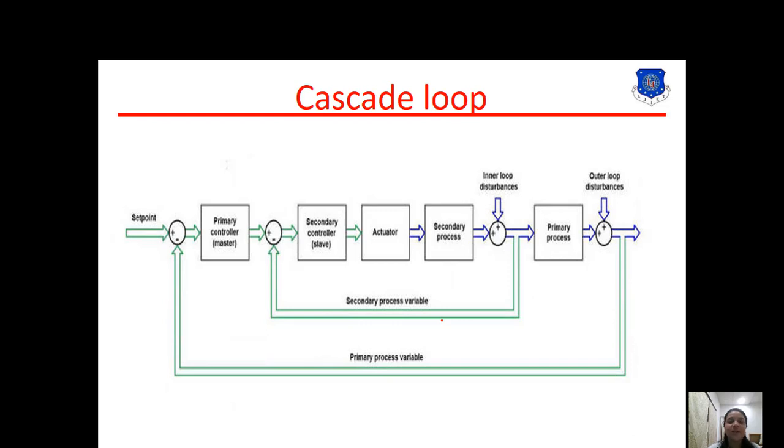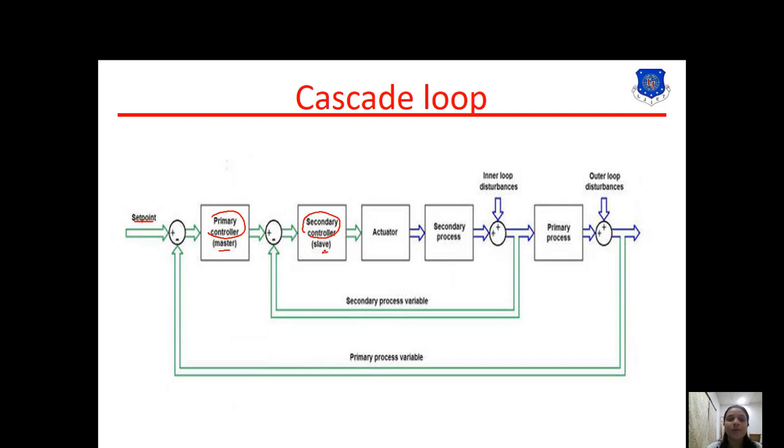Next one is the basic block diagram of the cascade loop. You can see in this diagram, this is the set point and input of the system. This is our primary controller and this is our secondary controller. The primary controller works as a master and the secondary controller works as a slave of the system.